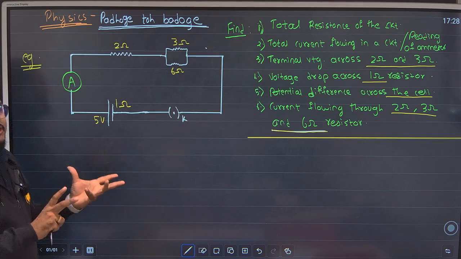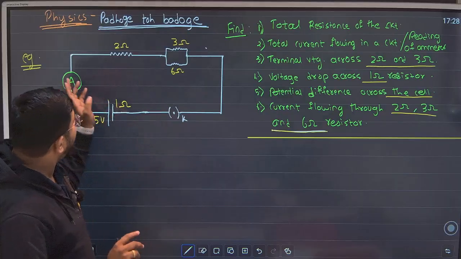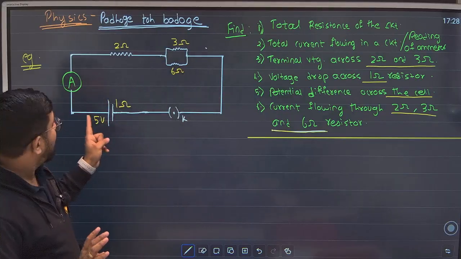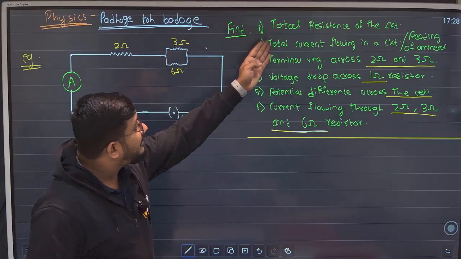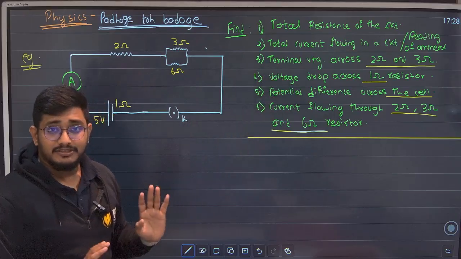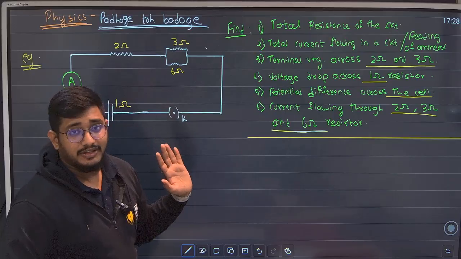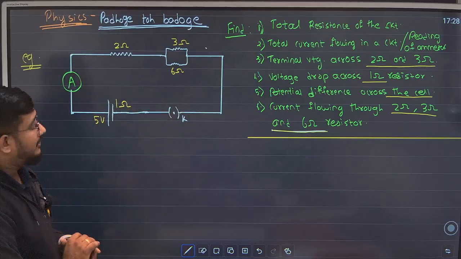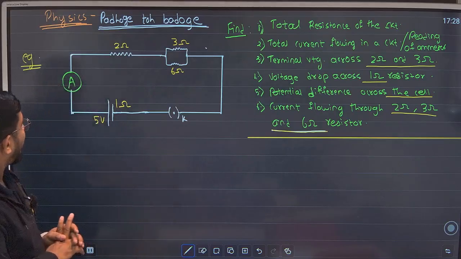Students find such questions very difficult to tackle, so I have made one question such that it becomes easy for you to find everything they are going to ask you in exams. They will ask any one or two or three things from these questions using this circuit. So again, let's give a quick solution for this numerical.